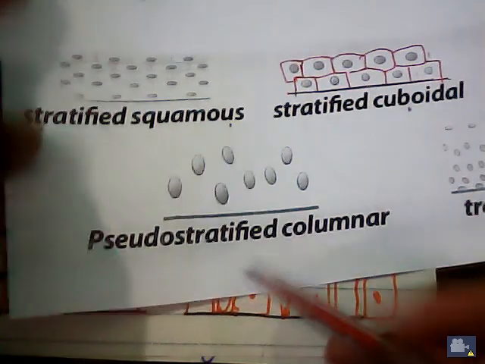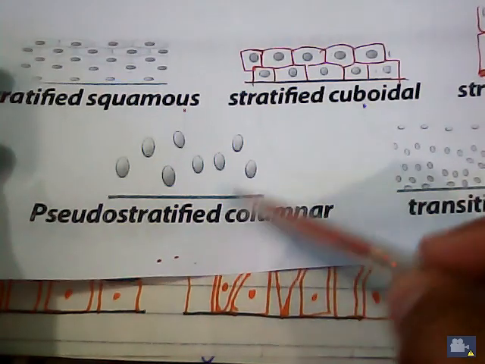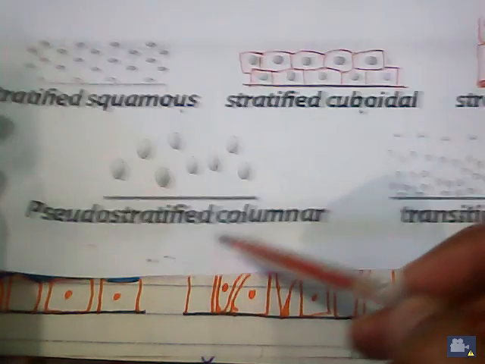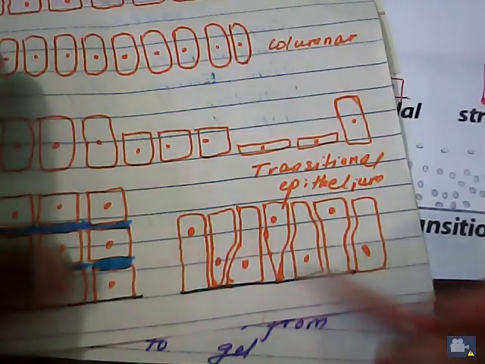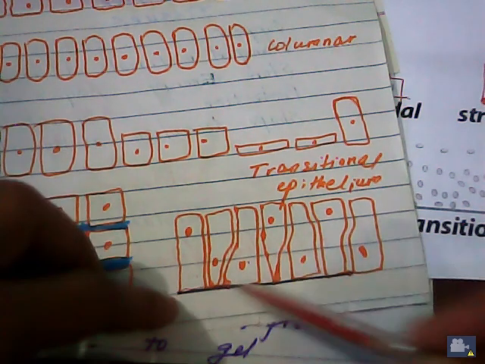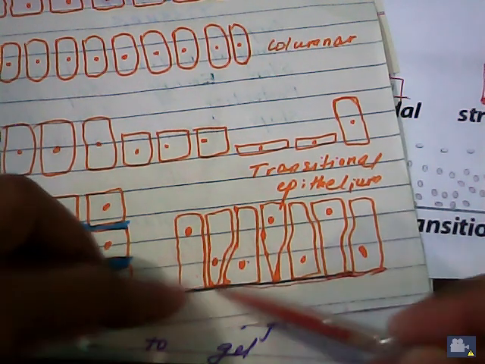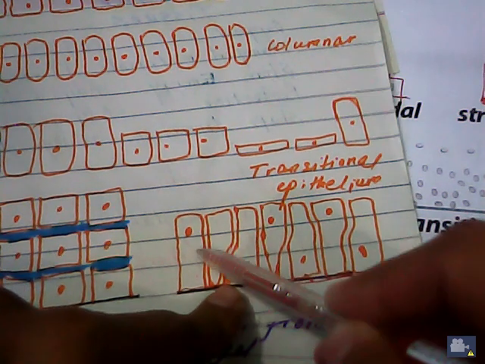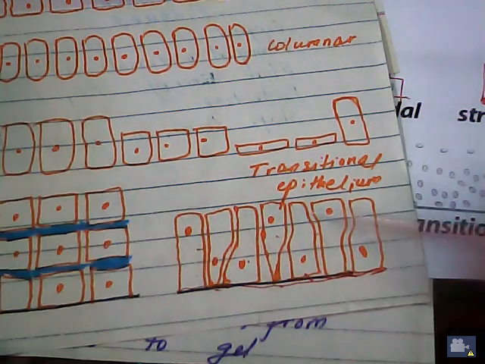While there is another type of arrangement which is called pseudo-stratified. Here I try to draw some type of it. All the cells present are attached to the basement membrane, but they are giving an appearance of layering.